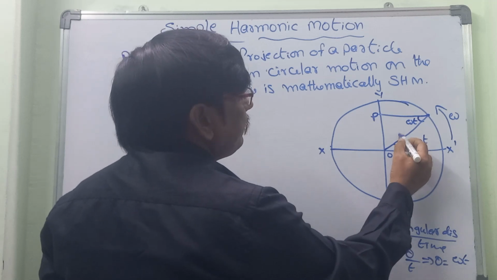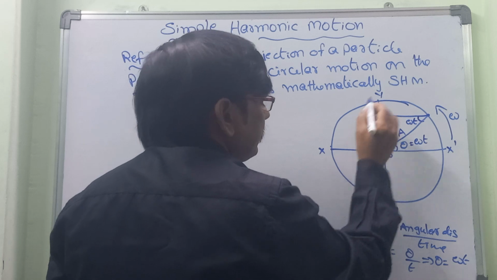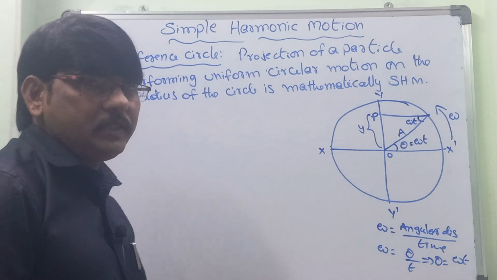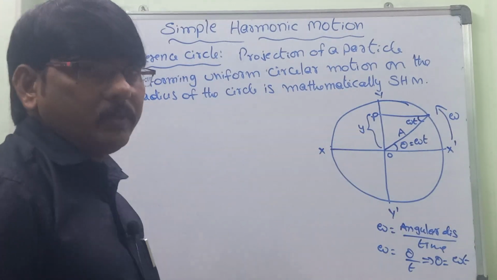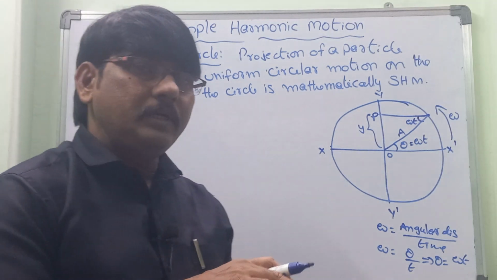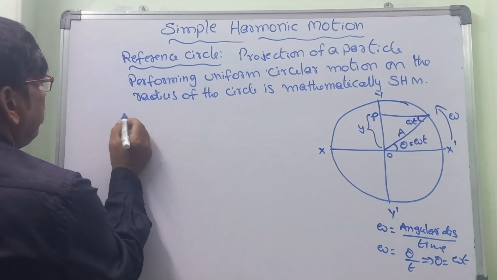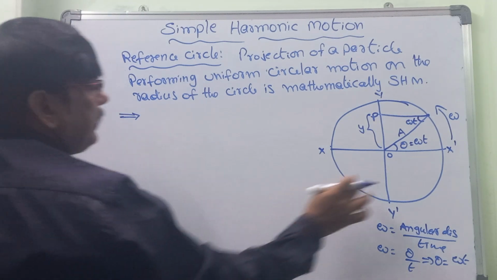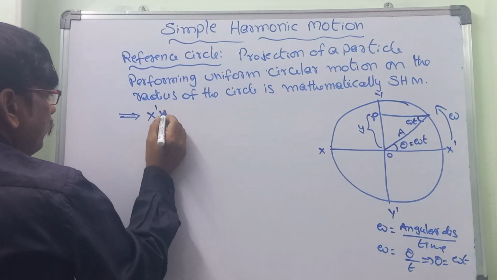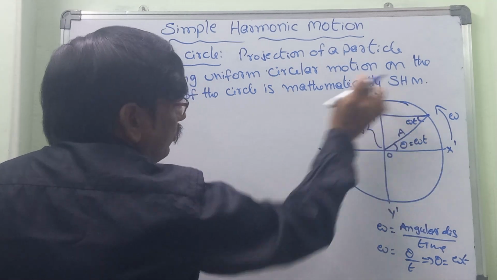Now the radius of this circle is a, let's assume, and the projection distance we can call y or x, no problem. Now let's discuss how the projection takes place along with the circular motion. In the first situation, the particle is traveling from x dash to y, and the projection is going from O to y.